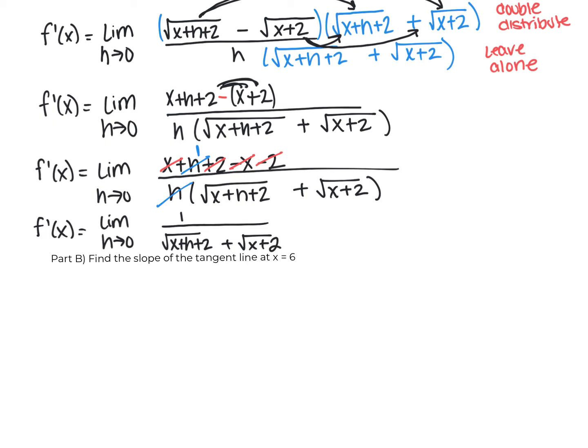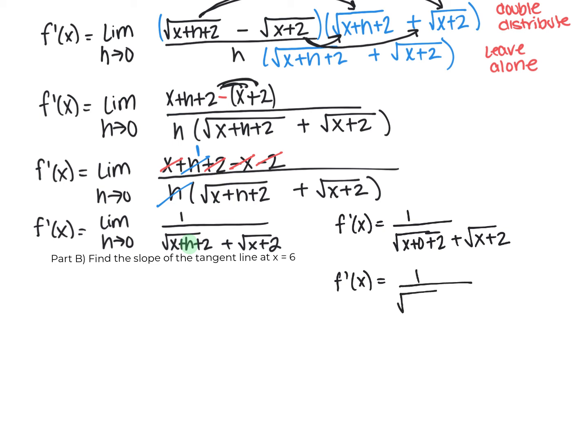So now that we've simplified and got rid of our h's, we now can substitute using direct substitution. Everywhere I see an h, I'm going to put a 0. So my f prime of x is equal to 1 over rad x plus 0 plus 2 plus rad x plus 2. And I'm going to keep going. 0 plus anything is that thing, so 1 over rad x plus 2 plus rad x plus 2.